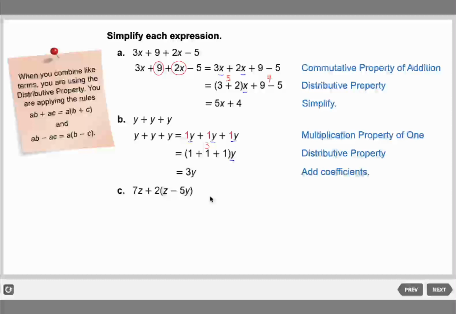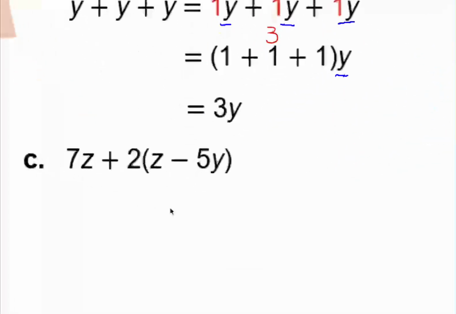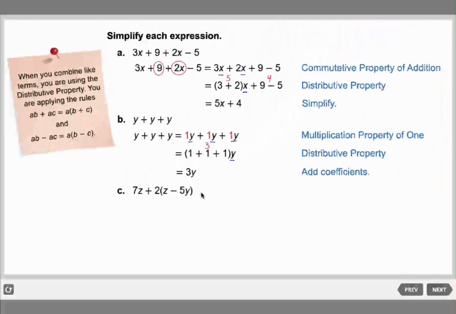Wafi, you are here, right? Yes. Go ahead. 7z plus 2 times the expression z minus 5y. We see here that we should multiply the 2 by this expression. So we should multiply it by the first term and the second term. Right?